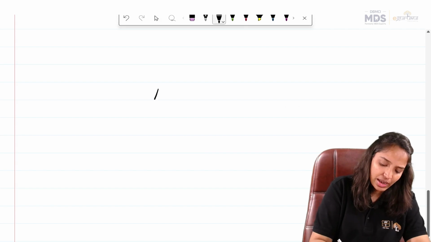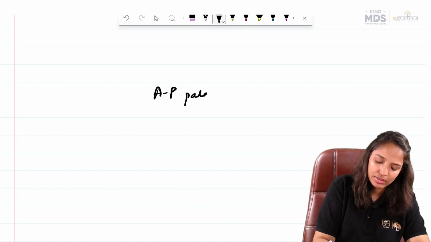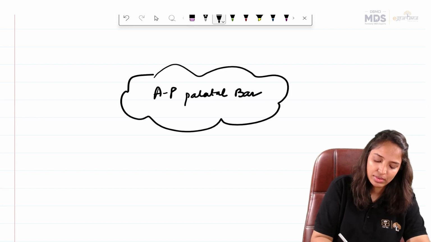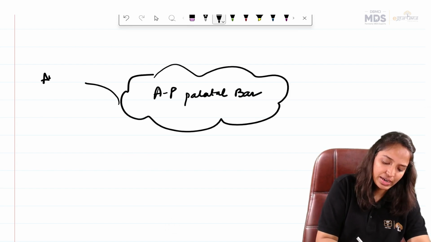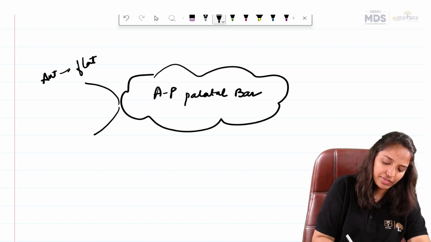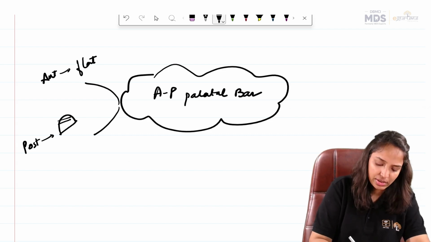So let us quickly revise our antero-posterior palatal bar. We have an anterior bar which is flatter. We have a posterior bar that is half oval in cross section.